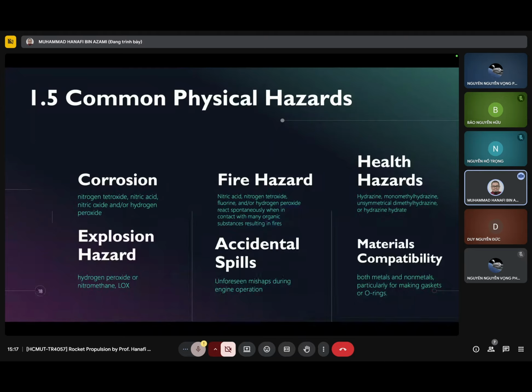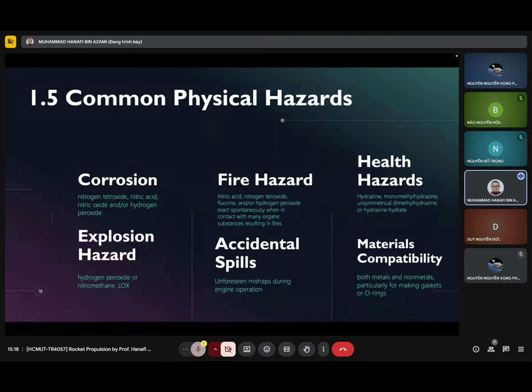But liquid fluorine is very dangerous for human health. Hydrogen peroxide reacts spontaneously when it contacts many organic substances, resulting in fires. So it is not just during operation, but maybe during transportation, refilling, and storage as well.